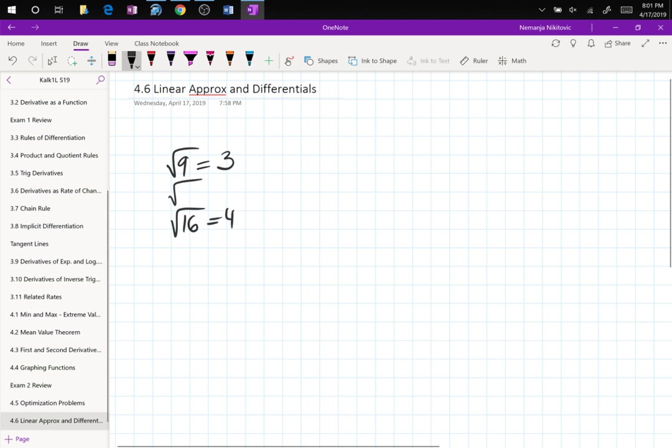How much is the square root of 15? Well, clearly it's going to be 3 point something. It has to land between 3 and 4, because 15 lands between 9 and 16. And it's clearly going to be much closer to 4 than to 3. So it should be about 3.9.